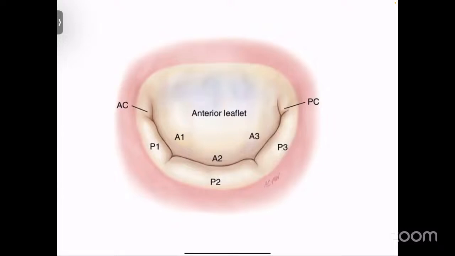You can appreciate here the free edge of the leaflet is deeply scalloped into 2 indentations, and these indentations appear due to the attachment of the chordae inferiorly.